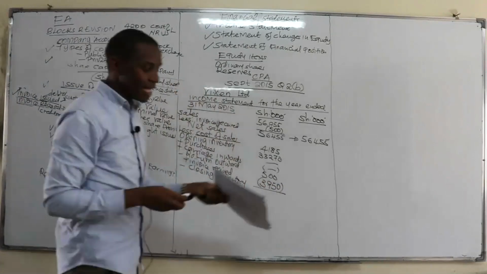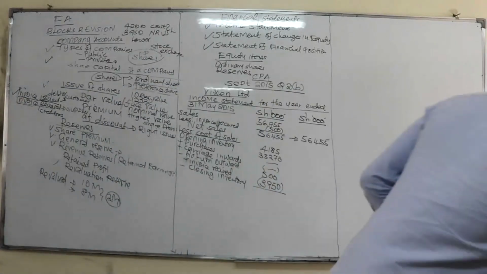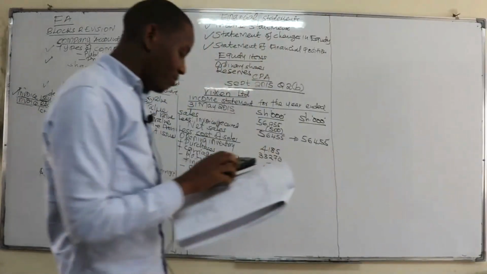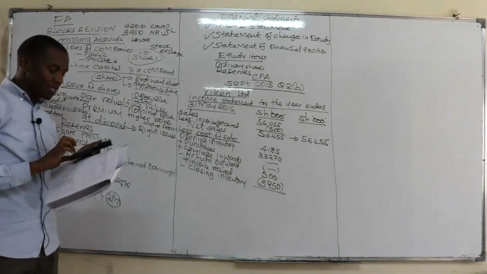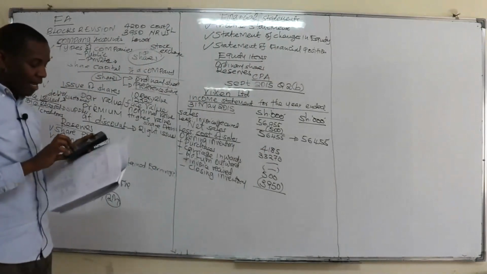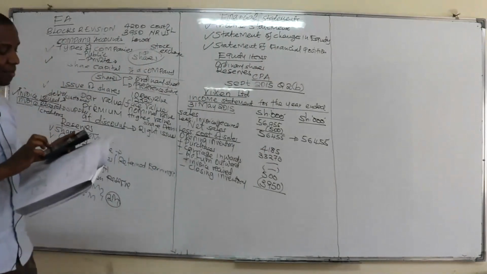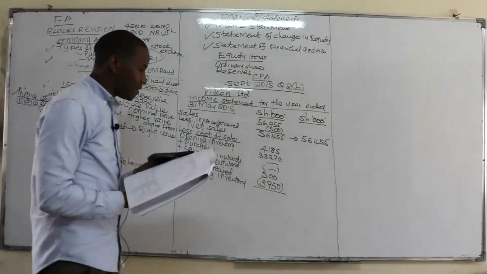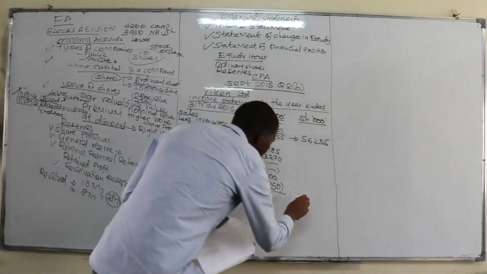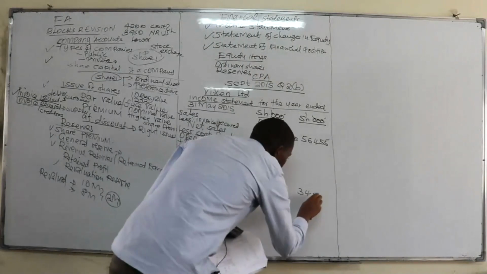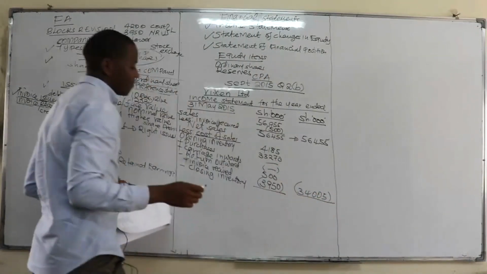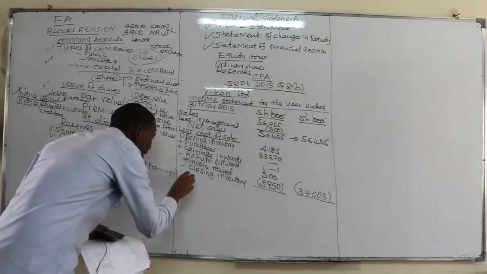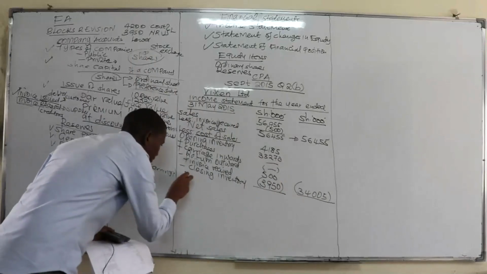And in that case, it will give me the cost of sales, which will be 4185. I add 33,270. I add 500, then I minus that 950, which in this case will be 34,005. So when you deduct that, what you will get here is the gross profit.